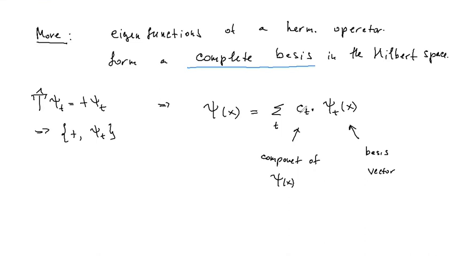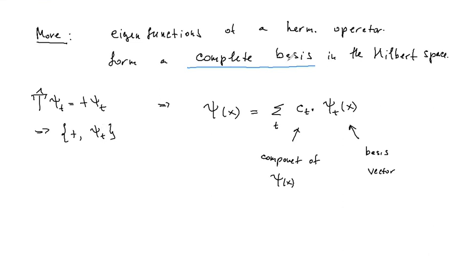This is extremely important. And also I would like to show you how to make interpretation of this coefficient in just a second. But let's come back to the statement itself. I did not prove you that all this set of eigenfunctions, they form complete basis.